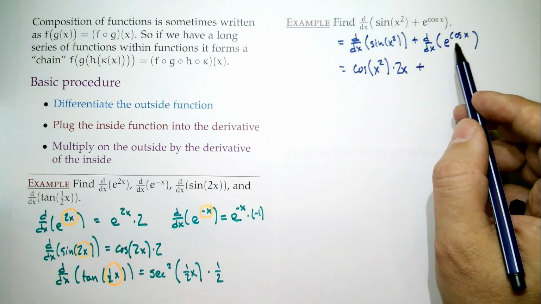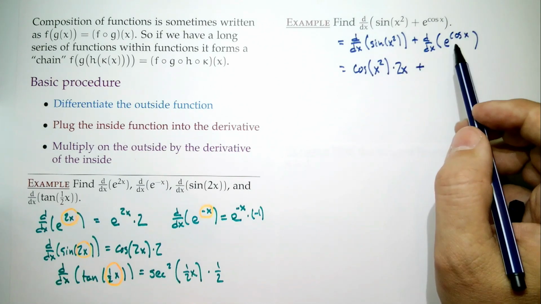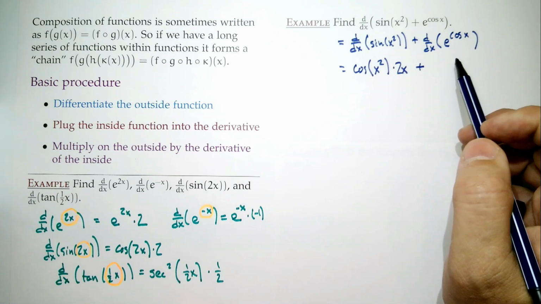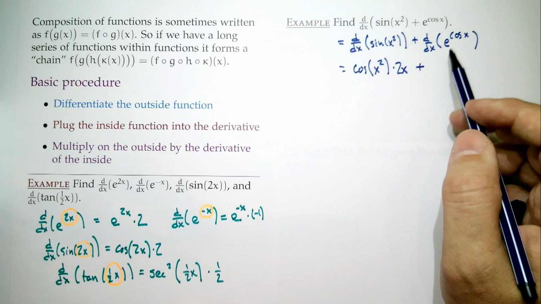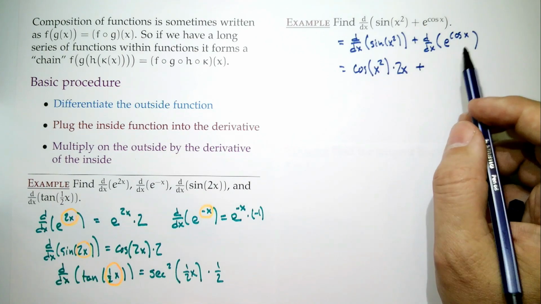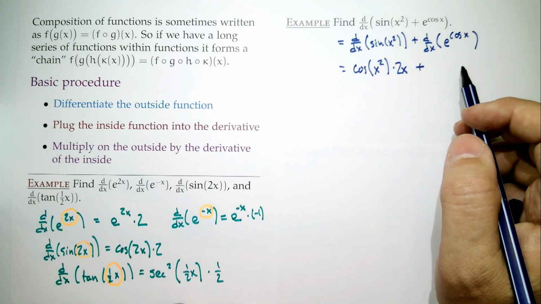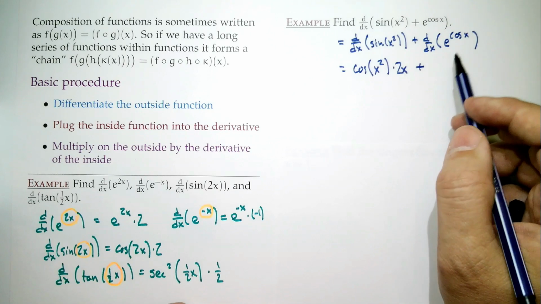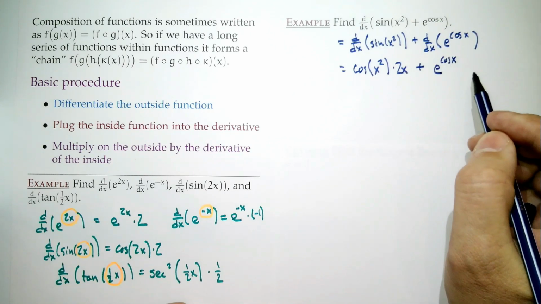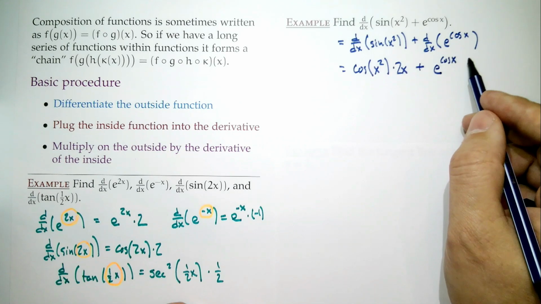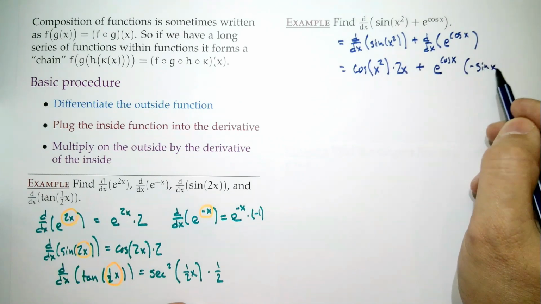Plus, okay, now here there's no parentheses, but what's the inside function? Cosine x. The outside function is the exponential, e. All right, derivative of e to the x is e to the x. What do we plug into it? Cosine x. And then times negative sine x on the outside.